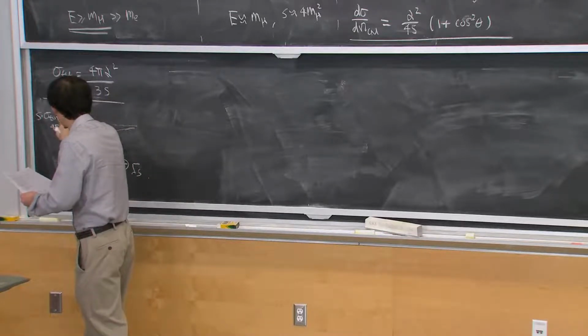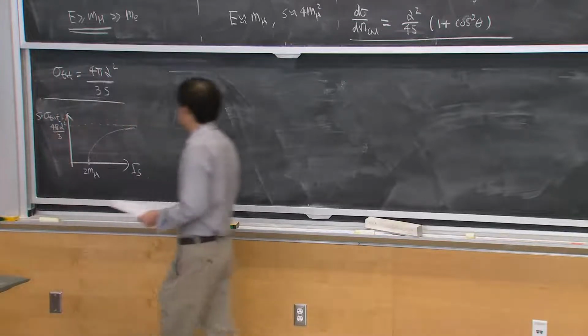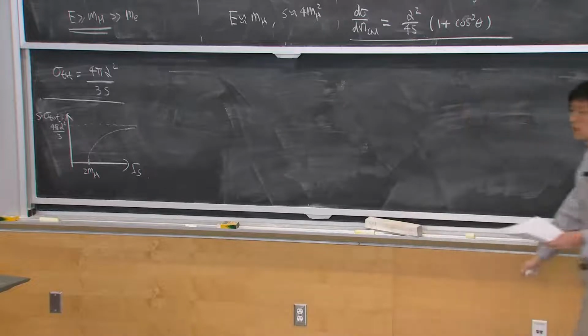This is 4 pi alpha square. Okay, so you have a curve like this.